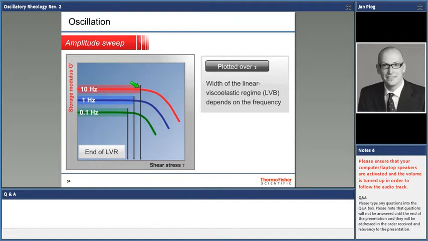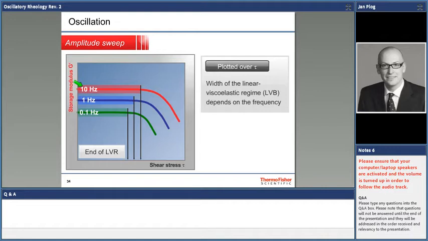The higher the speed that you work at, the smaller the time scale that you give your system for relaxation. Time scale is nothing else but the inverse of the speed. High speed equals small time scale. Low speed equals large time scale. The smaller the time scale that you give your system for relaxation, the more elastic it will behave.